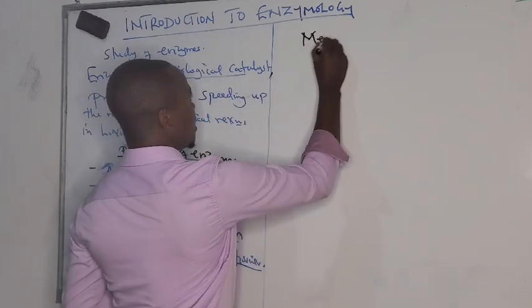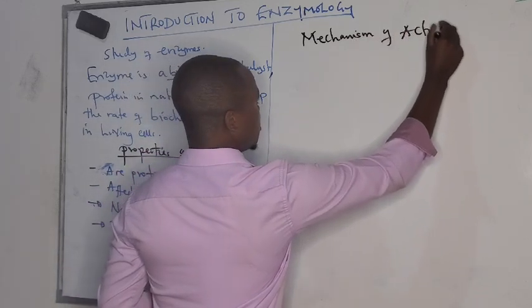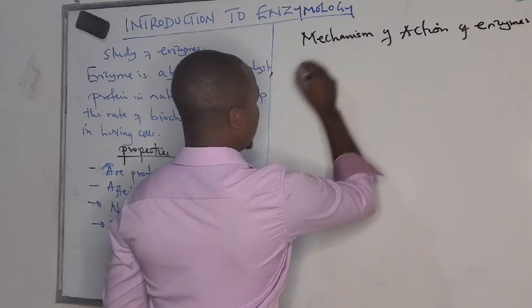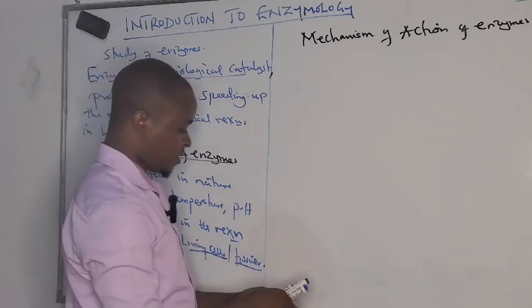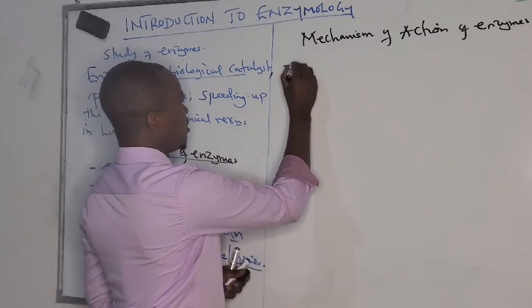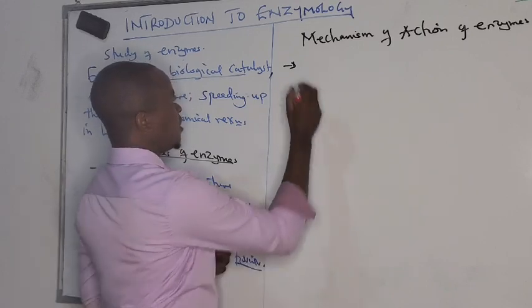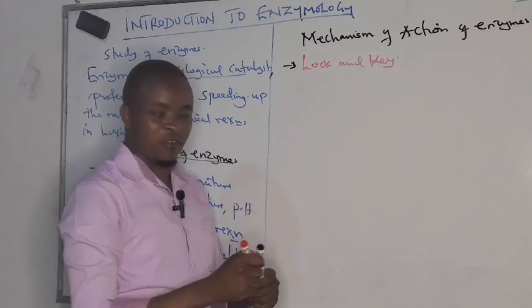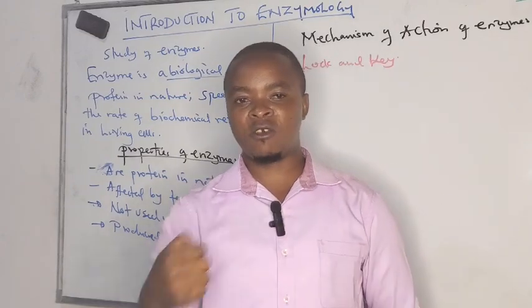Now the mechanism of action of enzymes. These enzymes work under the lock and key hypothesis. Remember, even in secondary school they taught us about the lock and key hypothesis, whereby if I have the lock, then the key should be complementary to this lock so that it can open it.